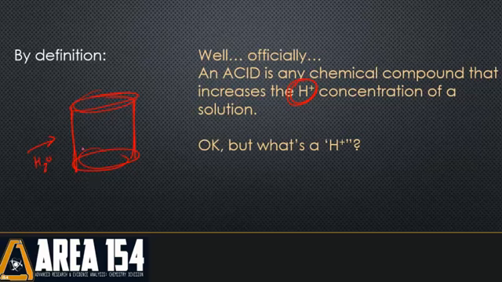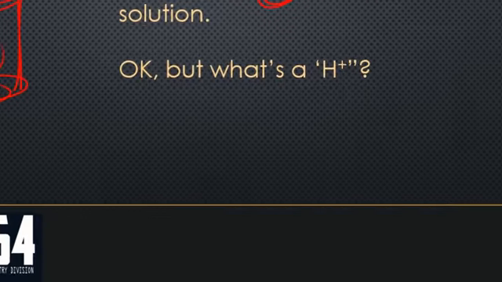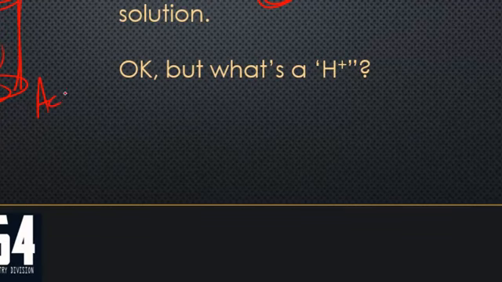And any chemical that increases the concentration of H+, it makes more of those, then that's considered an acid. And that's pretty much it. There's not a whole lot more to understanding what an acid is than understanding that it makes the hydrogen ion concentration go up. And that's what that is, hydrogen ion.